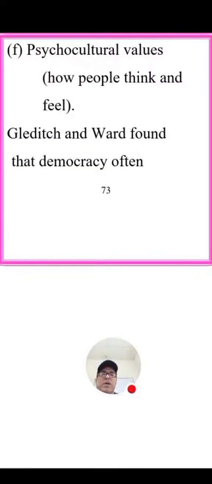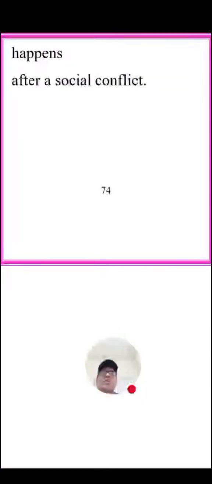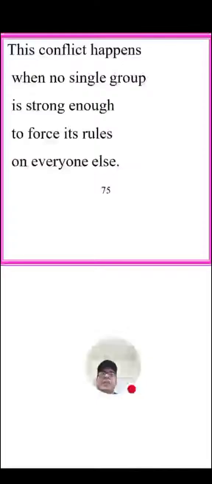Gladich and Ward found that democracy often happens after a social conflict. This conflict happens when no single group is strong enough to force its rules on everyone else.